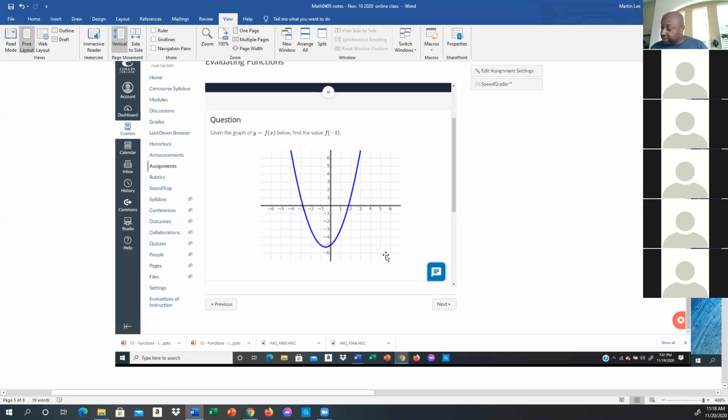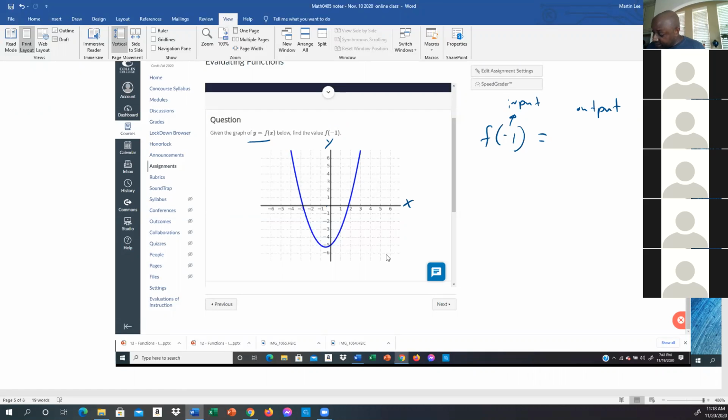Okay, similar problem, except this time we have to use a graph to solve this problem. So they give us y equals f of x. They want us to find f of -1. So in other words, when my input value is -1, what is my output? So here's my x-axis and then y-axis.